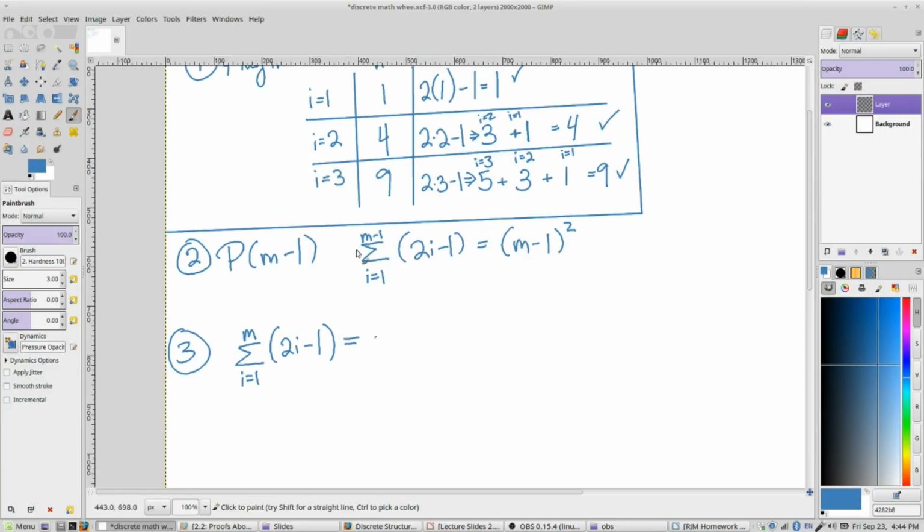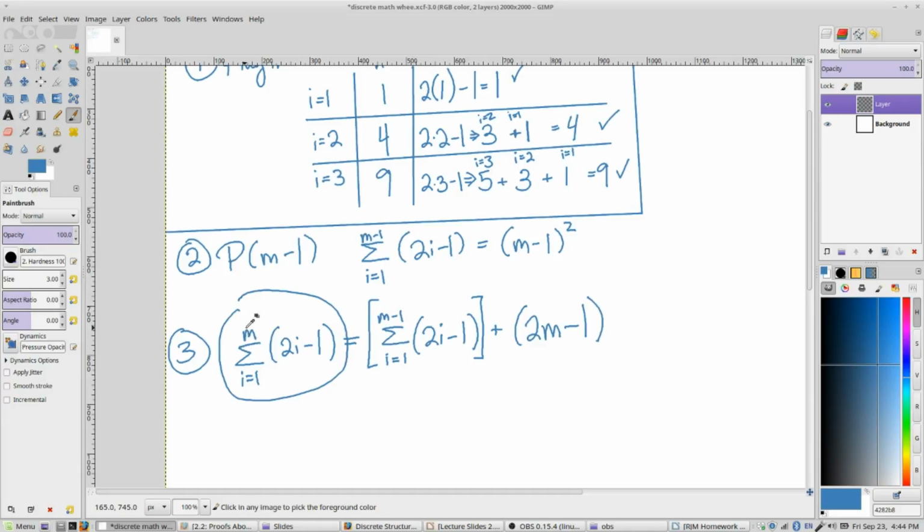We need to make sure we're summing all of the previous numbers leading up to it. So we can just write i equals 1 to m minus 1 of the same 2i minus 1, but we also need to add the very last value for when i is equal to m, which will be 2m minus 1. So we've extrapolated this out into being not from 1 to m, but from 1 to m minus 1, plus 1 additional element.